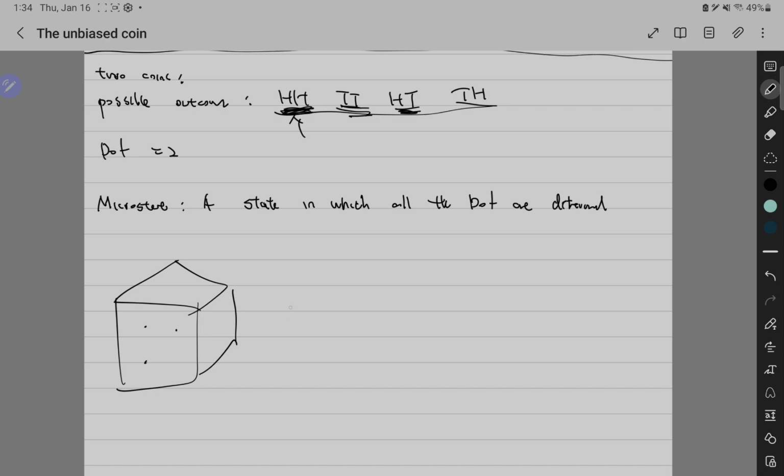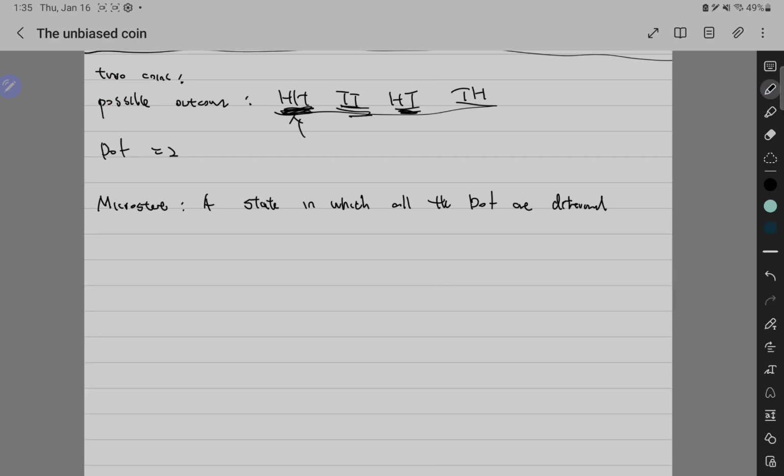So in this case, the microstate would be, let's say, x1, y1, z1, the position of molecule 1 in terms of x, y, z, with velocity v1, and the second one being x2, y2, z2, v2, and you just continue that list as you go. So the microstate is a state in which all the degrees of freedom are determined.